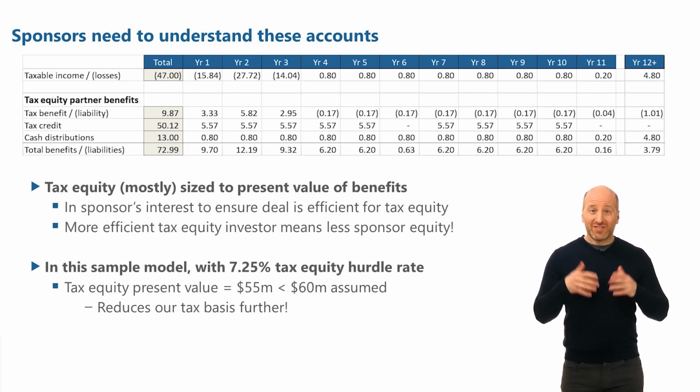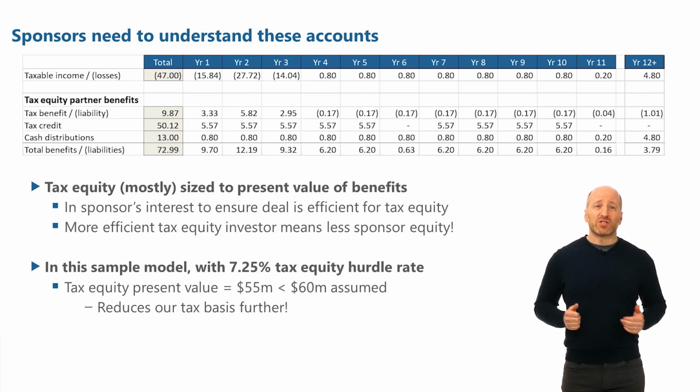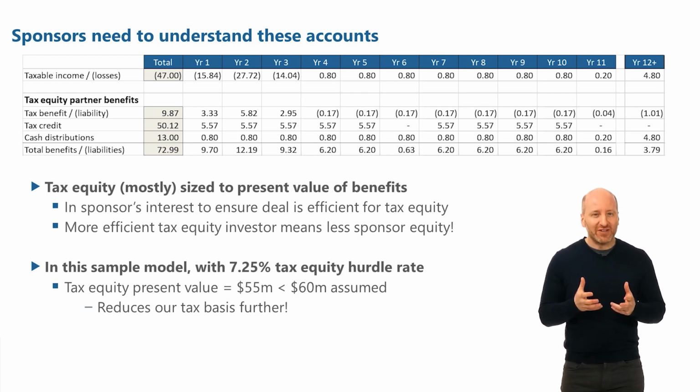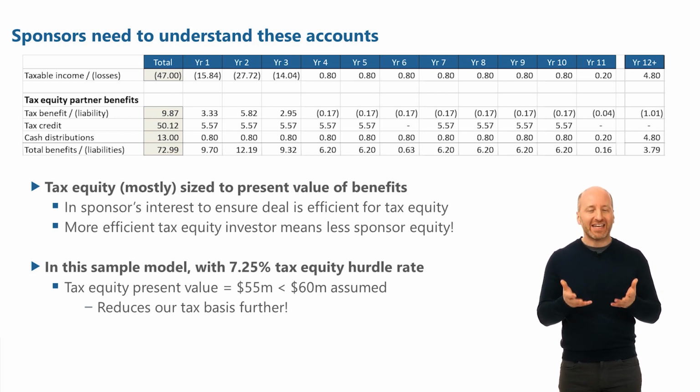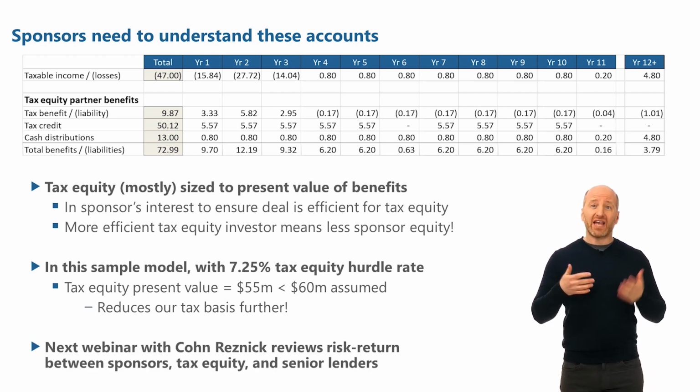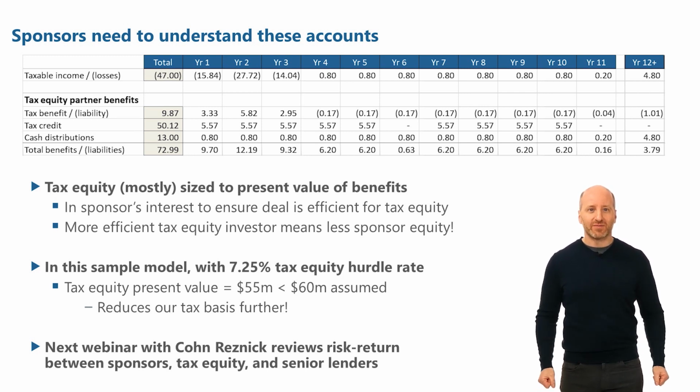The tax equity is the most expensive after-tax form of capital in the capital stack. So helping them to be efficient is really important. Tax equity is not a cheap source of capital, especially for the risk that they take on compared to the sponsor. And in our next webinar with Cohn Resnick, we'll be looking at the risk and the return under different assumptions between tax equity and sponsors.